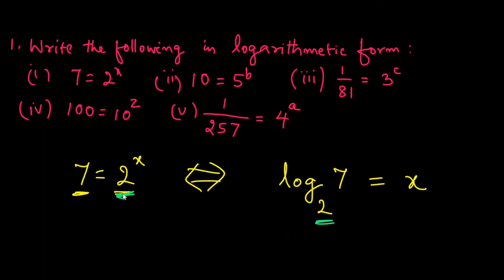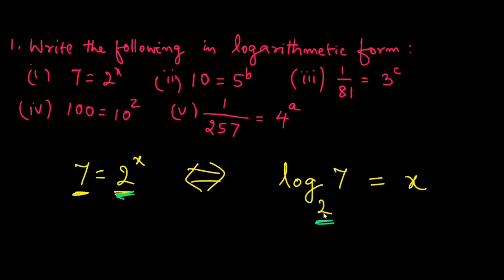So here what are we asking? What is the value to which 2 should be raised to get 7? 2 power x equal to 7 means what is the value to which 2 should be raised to get 7? We can write the same thing in logarithmic form here.